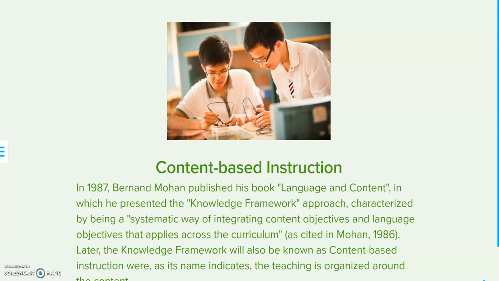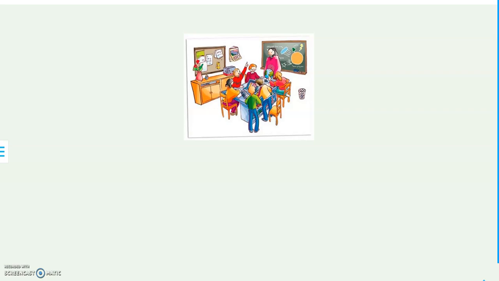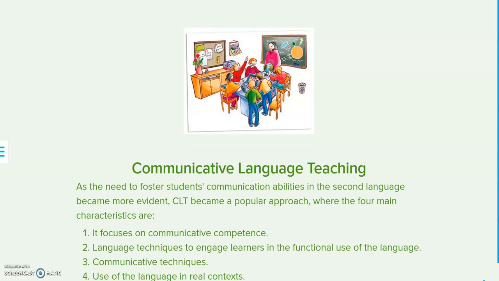We also had content-based instruction in 1987 and strategies-based instruction in 1990 by O'Malley and Chamot, where they classify language learning strategies into distinct categories. Last but not least, communicative language teaching, which arose from the need to foster students' ability to communicate.